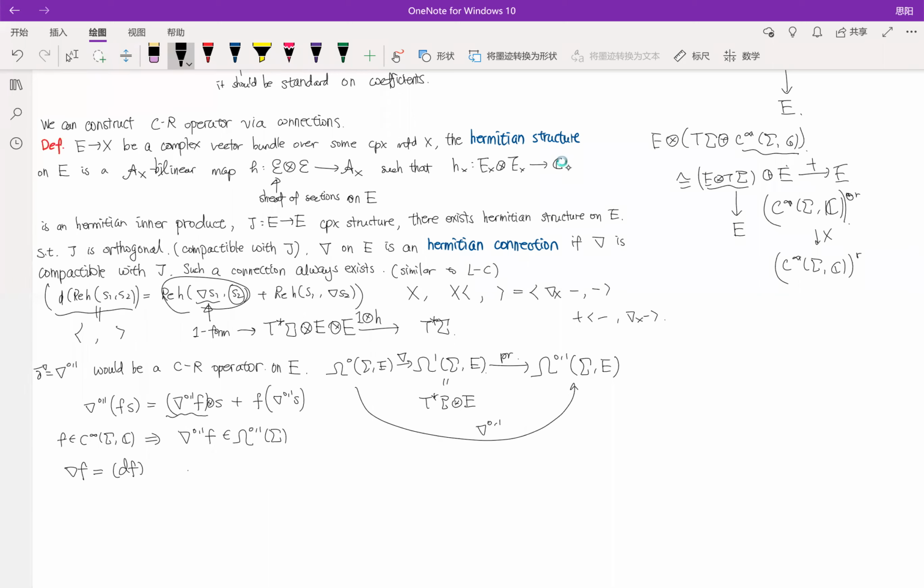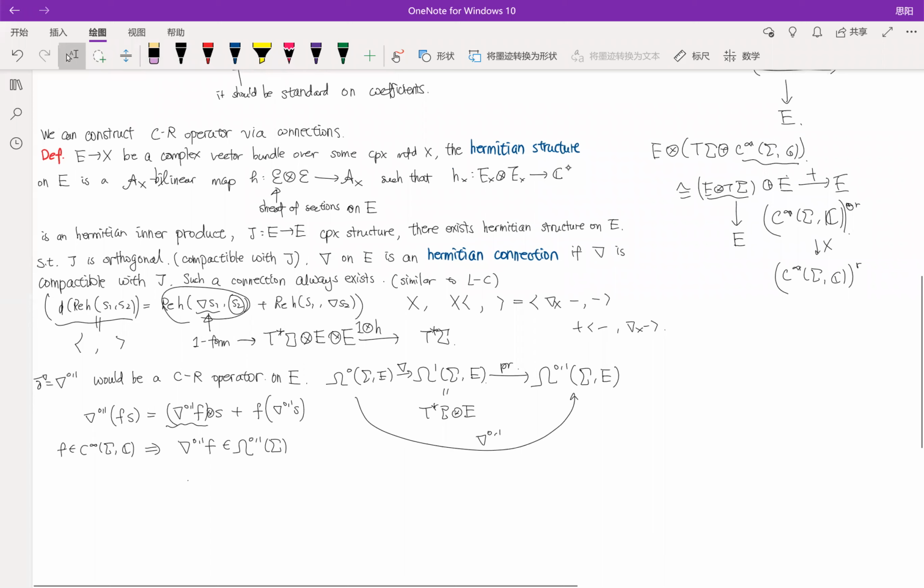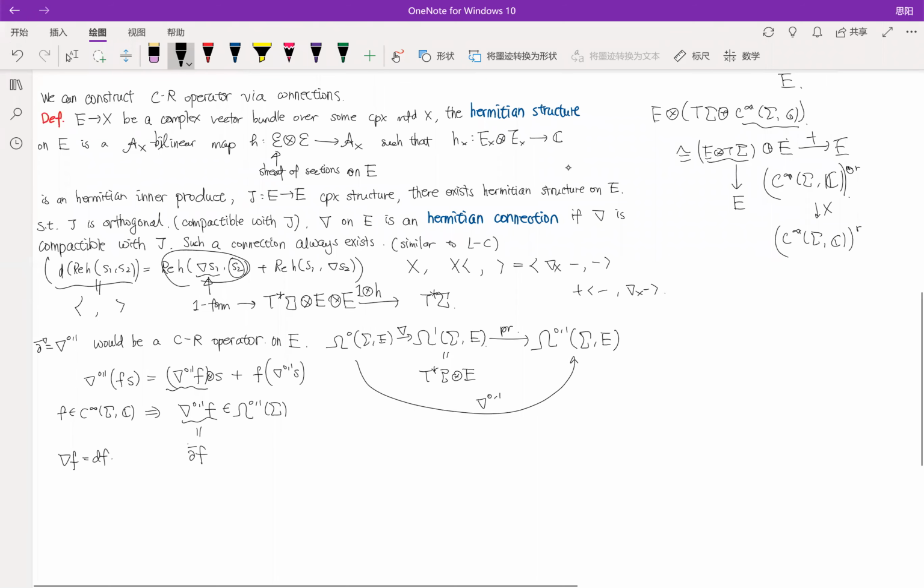Because the connection should be linear, the action of the connection on F should be directly equal to d bar of F, since this is just the standard connection.